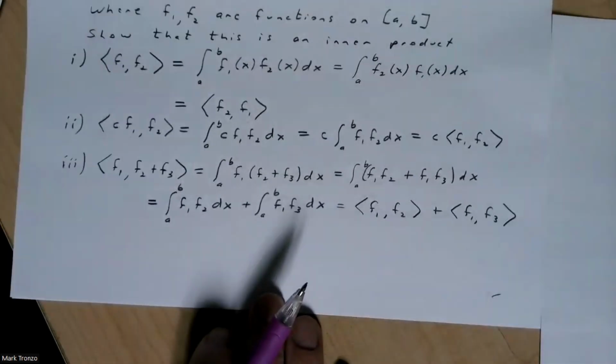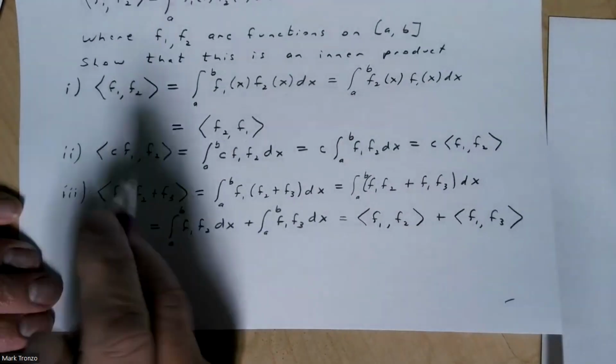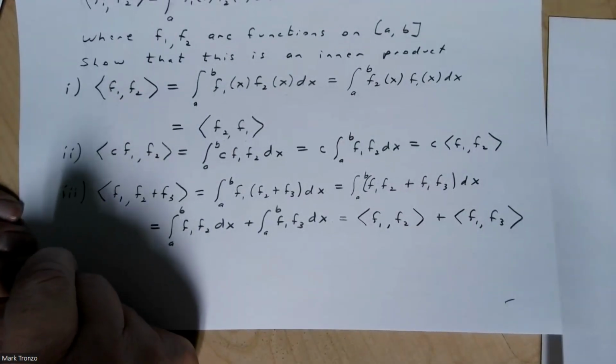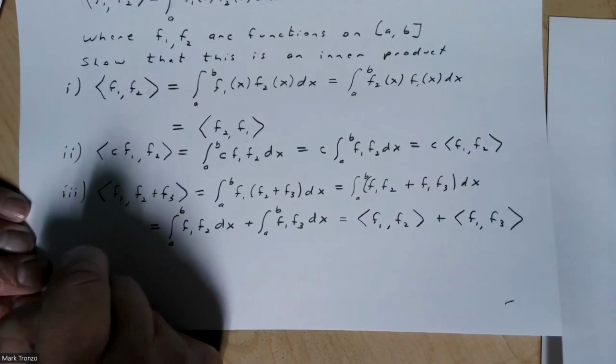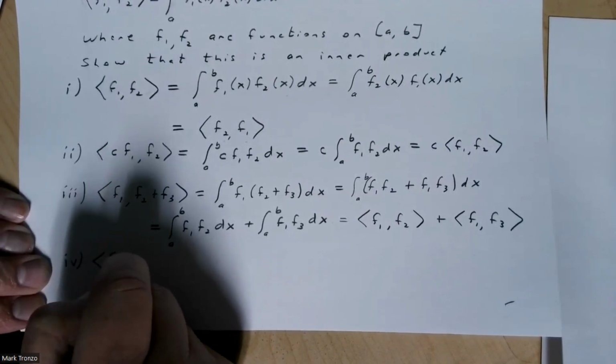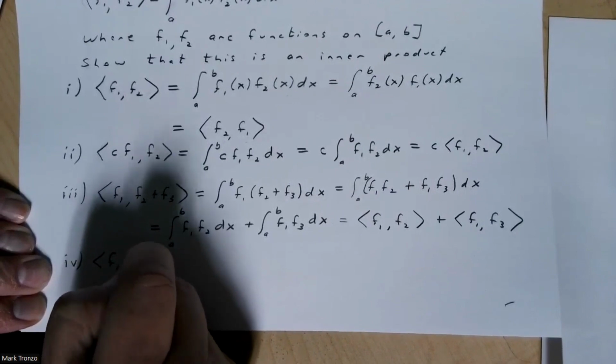Finally, we want to show that this inner product is always going to be positive or zero if you have a vector with itself.